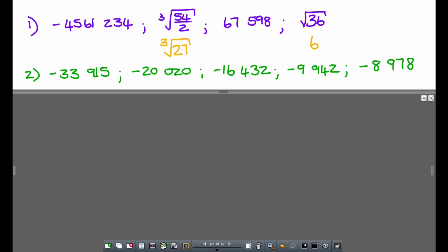Now, because these were all negative numbers, the further they are away from 0, the smaller the numbers will be getting. Okay, so that's why we start with a minus 33,915. And then we work our way closer towards the 0. And the one closest to 0, the one that I end with, is the minus 8,978. So any questions there?